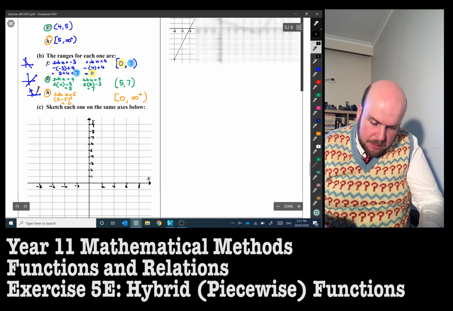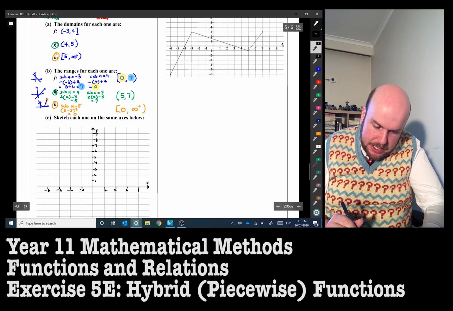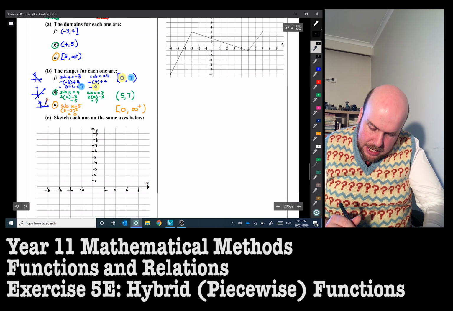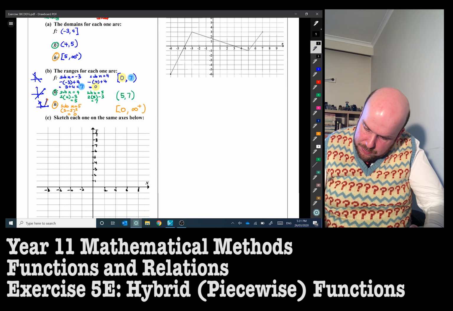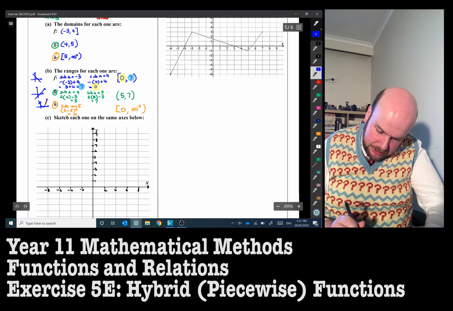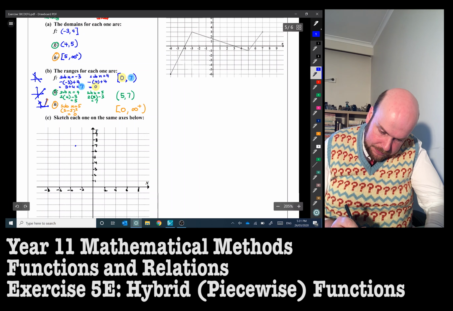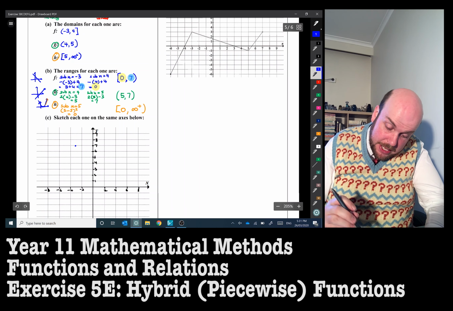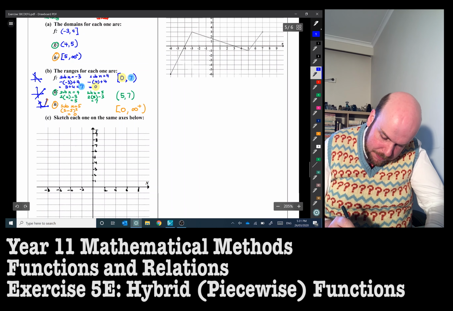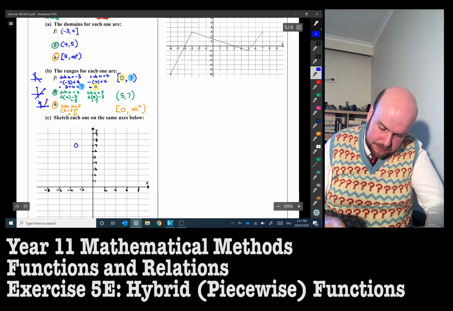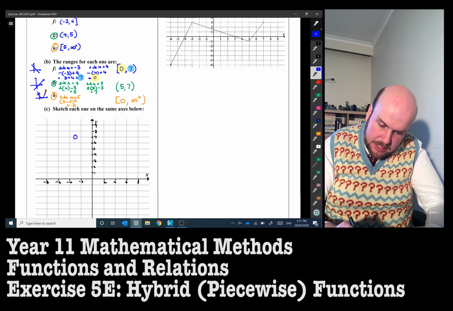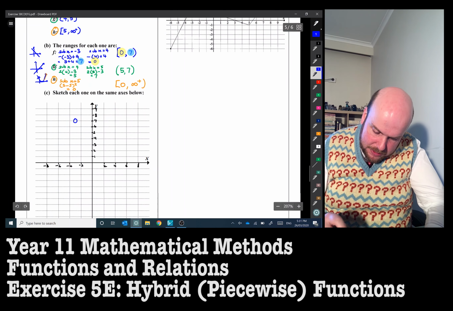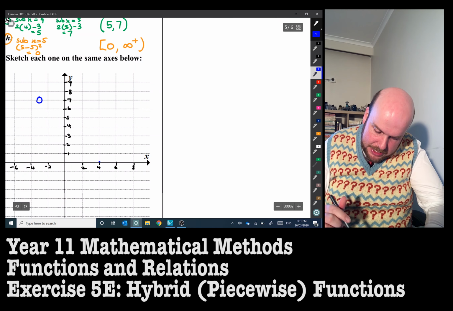So for the first one, we're starting from the domain of -3, and at -3 it is 7. So for the first one, the value for f, it's going to start here, and it's not including. It's going to be a great big open circle over here, and it finishes at 4. And at 4, it has a value of 0, and that is definitely including.